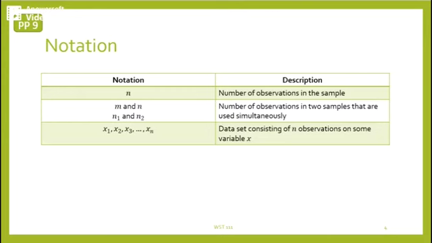If you have a data set that has n observations on some variable x, you can denote them as x1, x2, x3 up until xn. These subscripts have nothing to do with the magnitude of the variable. So x2 is not necessarily bigger than x1.